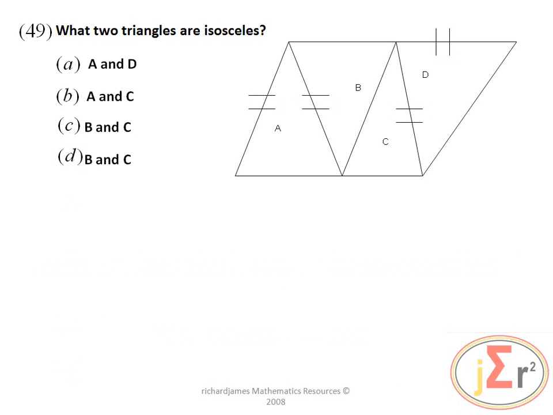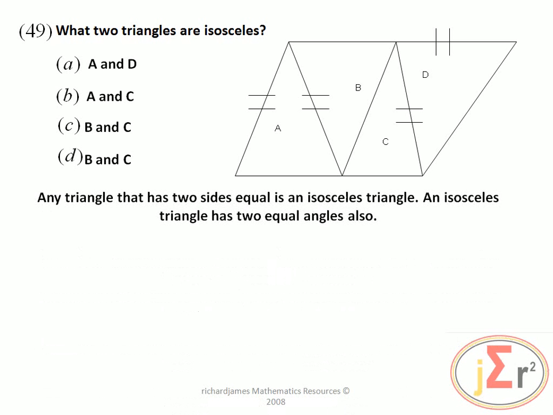What two triangles are isosceles? Any triangle that has two sides equal is an isosceles triangle. An isosceles triangle has two equal angles also.